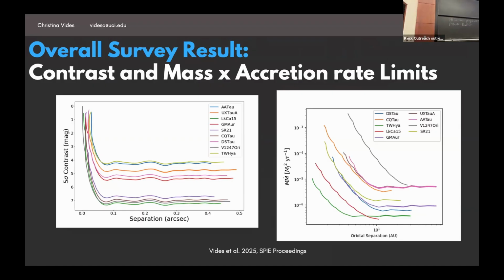We find that we achieve contrast between 4 and 7 magnitudes, and this is very representative of the entire 30 targets in the survey. We also convert these limits to mass times accretion rate and constrain mass times accretion rates for the objects in the survey. This is also very representative of the typical values throughout all 30 targets.